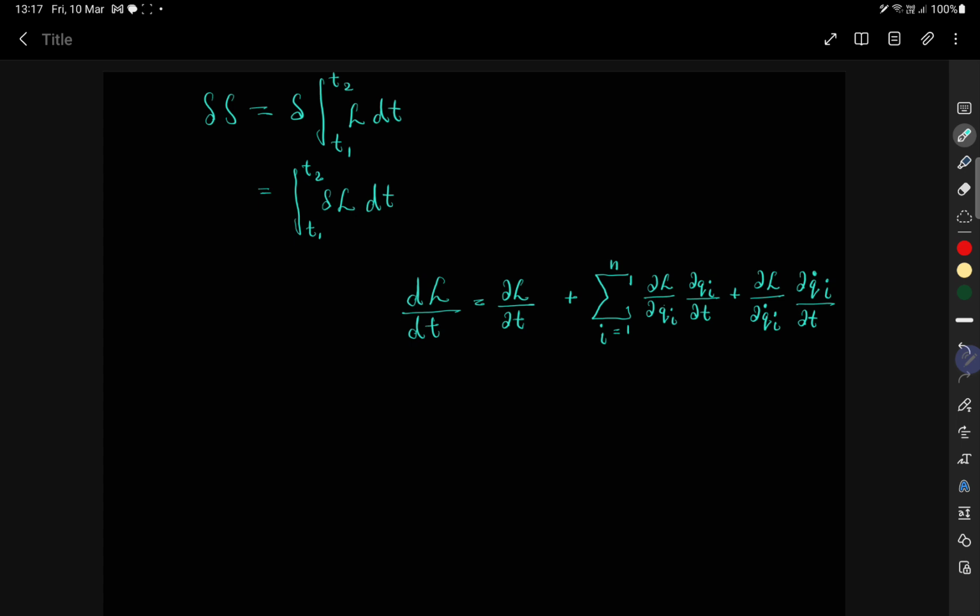This is just a general identity or rule for the total derivative of any multivariable function with respect to one input. Partial L by partial t plus the summation from i equals 1 to n of partial L by partial qi times partial qi by partial t, plus partial L by partial q dot i times partial q dot i over partial t.